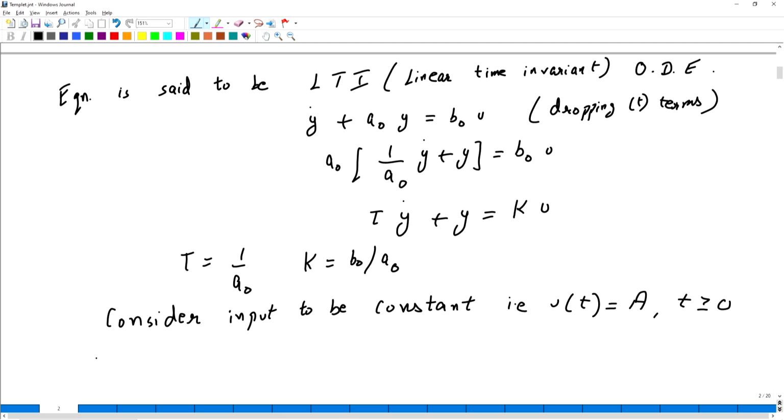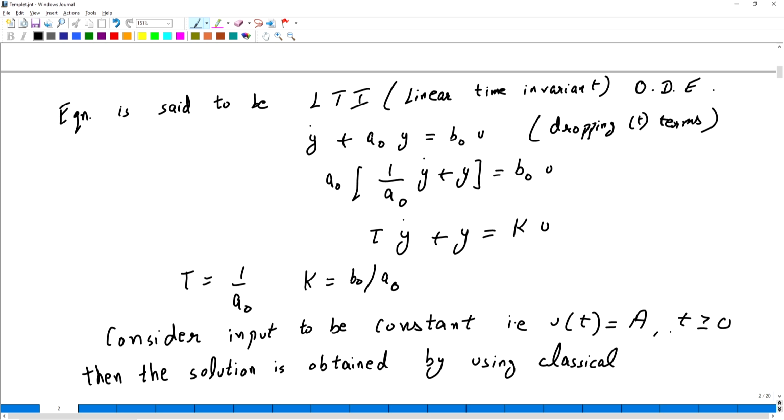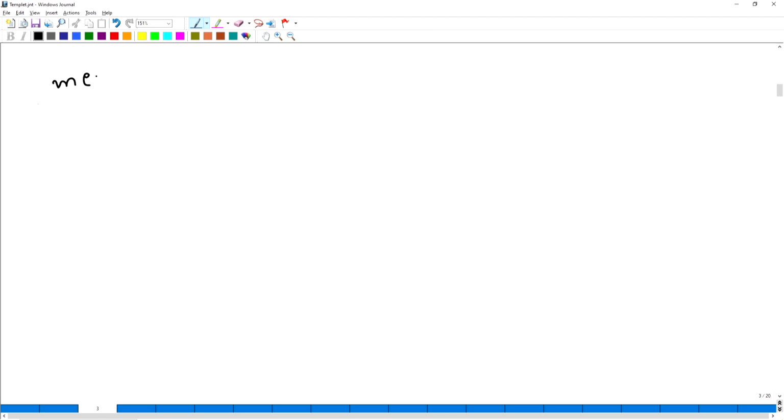Then the solution is obtained by either using classical time domain methods or by Laplace transform.